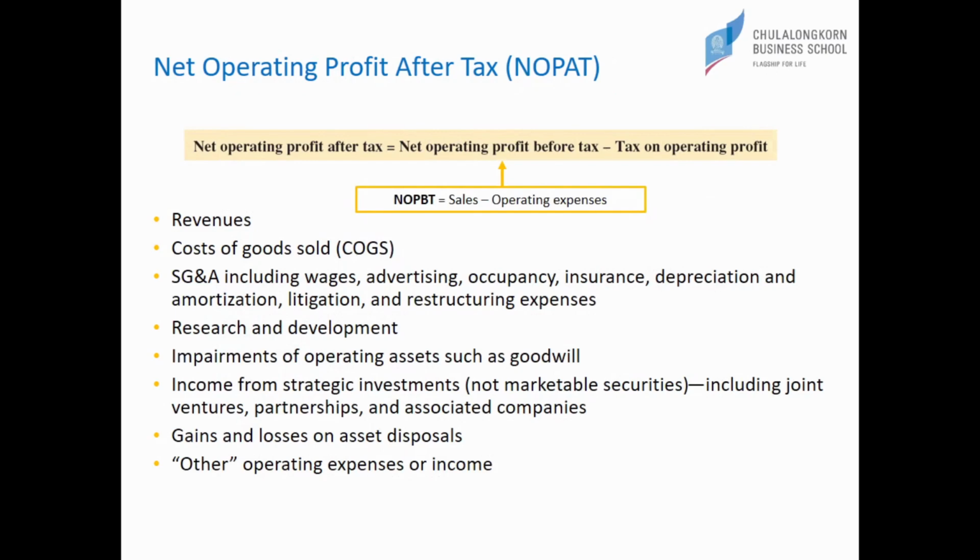So how can you calculate this NOPBT? You start from revenue, and you subtract the cost of goods sold, SG&A, and all these things that you see here, then you will get this NOPBT. So this is basically the income statement in order, right? Revenue, cost of goods sold, and all the expenses.